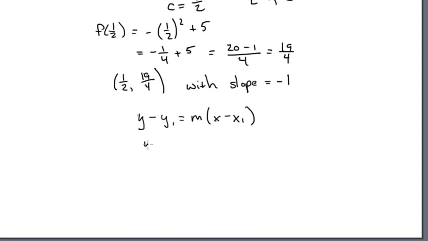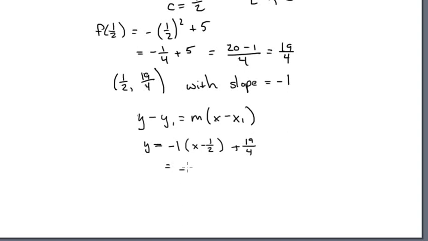So then y will be equal to -1 times x minus 1/2, plus this y1. I'm just adding it to both sides here, a little prematurely maybe, but 19 over 4.